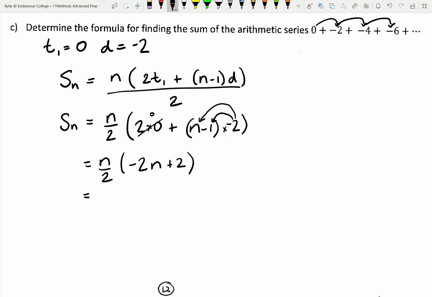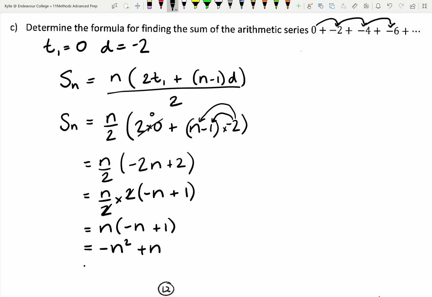We can pull out a factor of 2 from the bracket. I'll leave that fraction there as it is, times 2 lots of minus n plus 1. Then these 2s will cancel and we're left with n outside of minus n plus 1, which is simply negative n squared plus n, or n minus n squared.